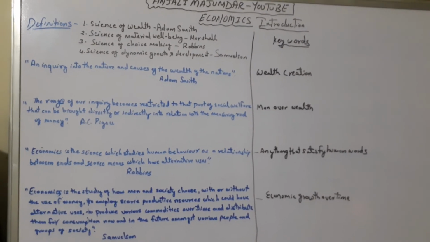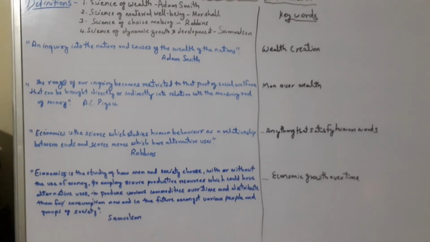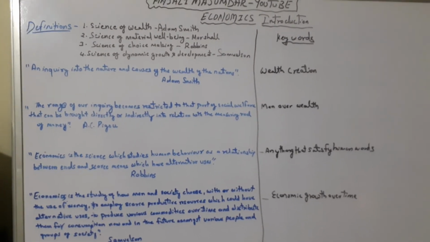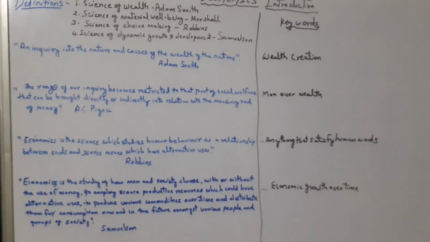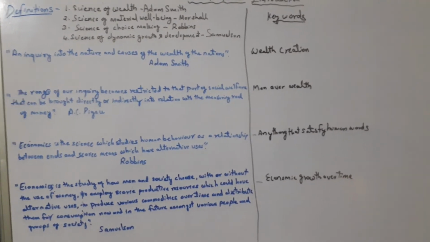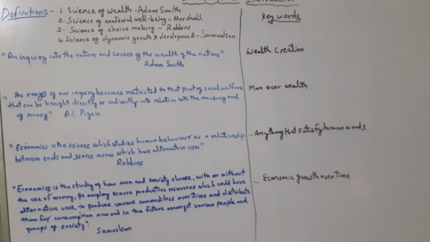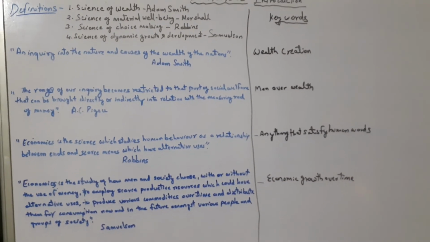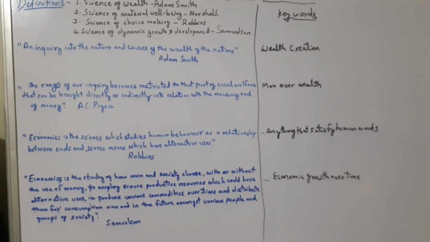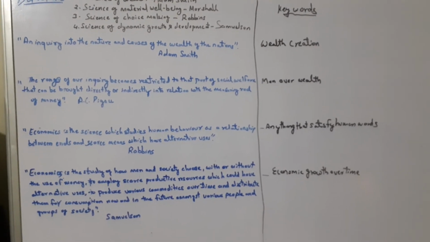Basically, Robbins has given emphasis on four things: unlimited wants, then alternative uses, say for coal, for example, which can be used in the production of electricity and for running the engines of trains, right? Then limited means. It is a very basic, well-established fact that resources are always limited, whereas desires are always unlimited.